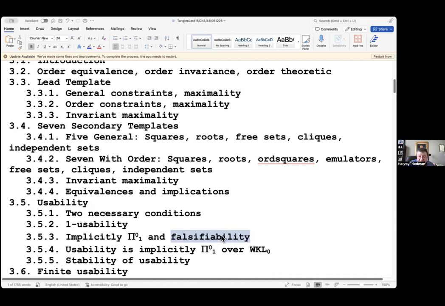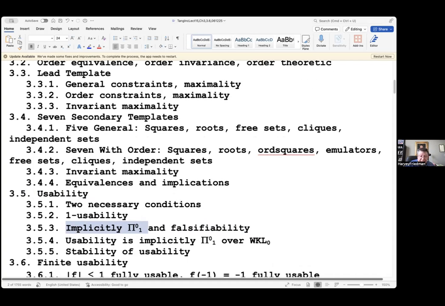Falsifiability means that if it's false, then it's provably false. Pi 0 1 sentences have that property, and that property more or less, with some caveats, is equivalent to implicit pi 0 1. Usability is implicitly pi 0 1, and usability is stable under certain transformations. That's useful to have.